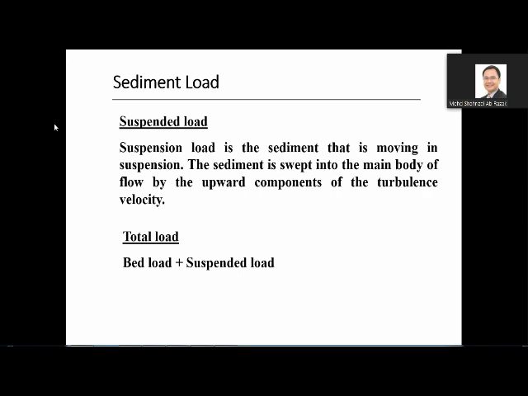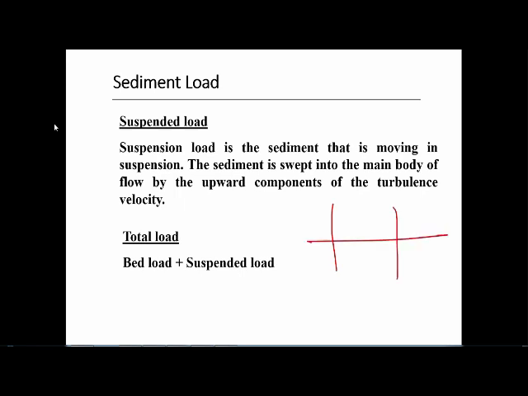Now the suspended load, the one that is moving in suspension. Later we will see how it moves in suspension. Because of these turbulent effects, and because of the upward components of the turbulent velocity, in the water column, and this is your bed, your particles will always stay in this region, above the viscous layer, because of this turbulent effect.